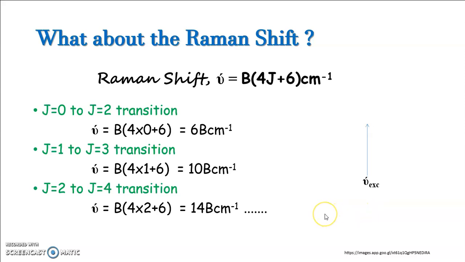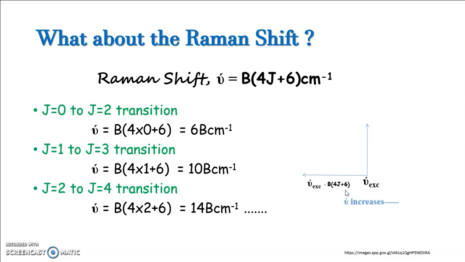That is, if the molecule gains rotational energy from the photon during collision, the scattered light loses energy and the Raman shift is towards the lower wave number of the excitation wave number, that is nu bar excitation minus B into 4J plus 6.